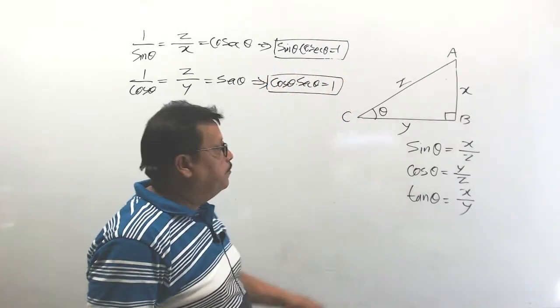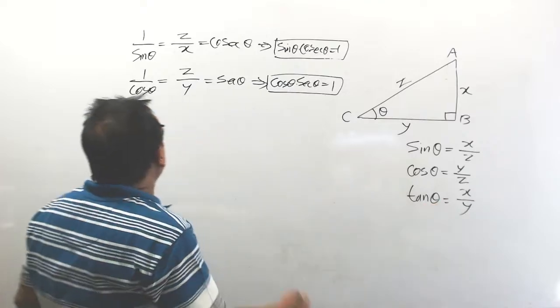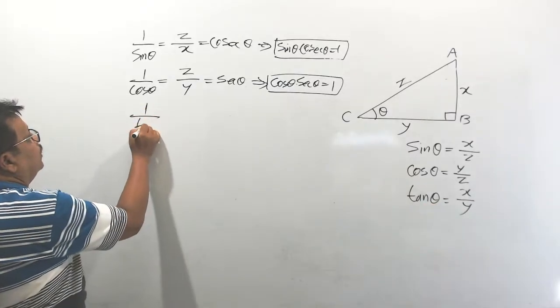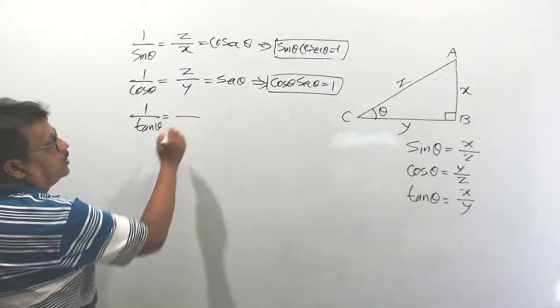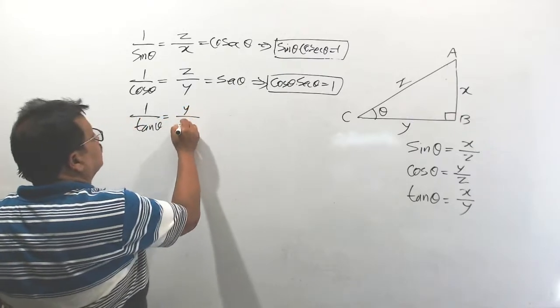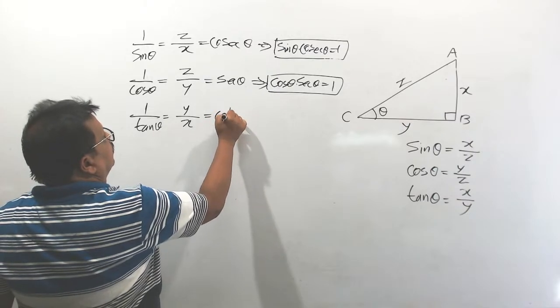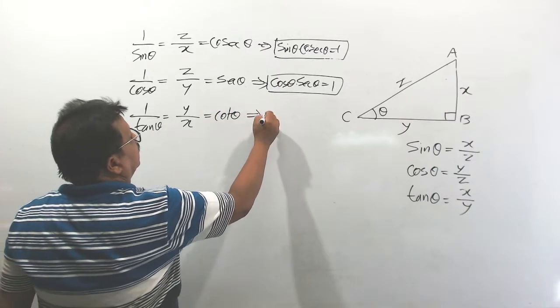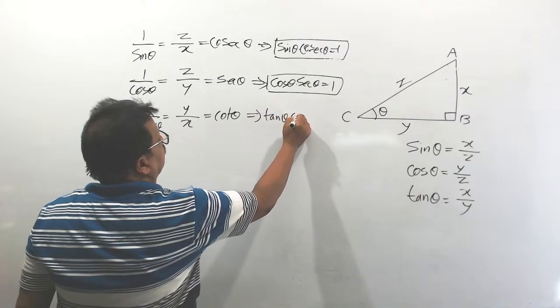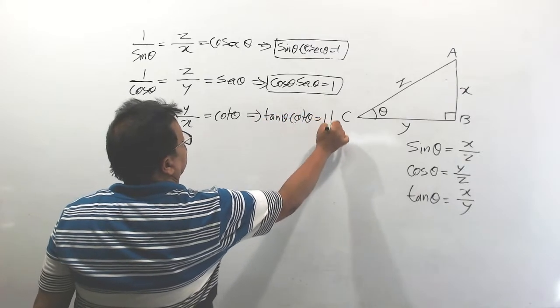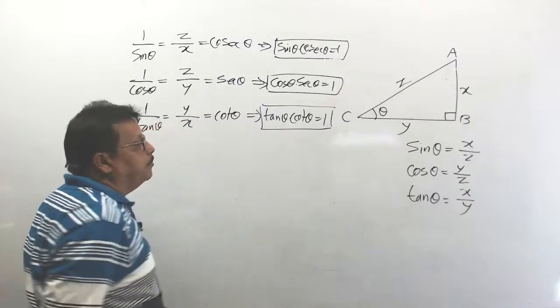Note it all down. Now the reciprocal of tan theta is 1 by tan theta. This is equal to y by x, which equals cot theta. That is, tan theta into cot theta equals 1. This is another formula.